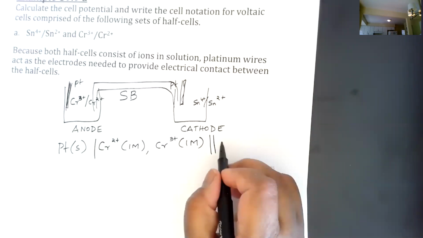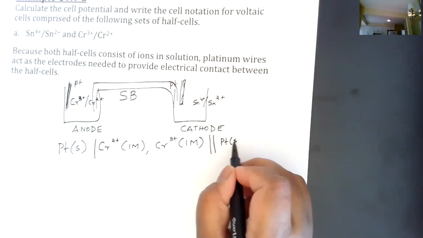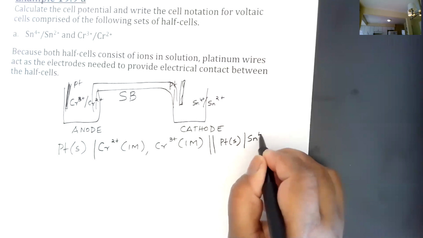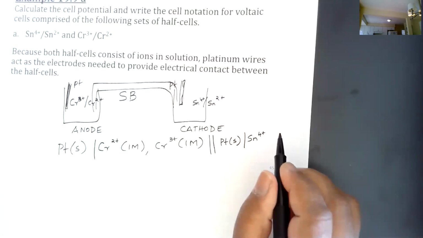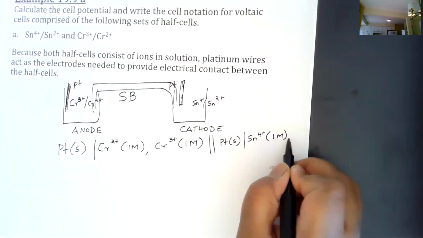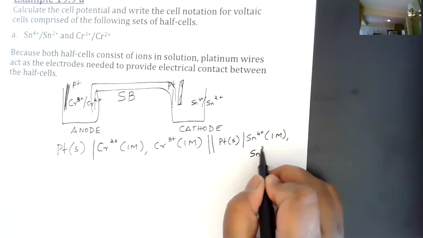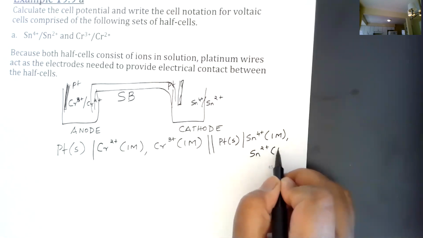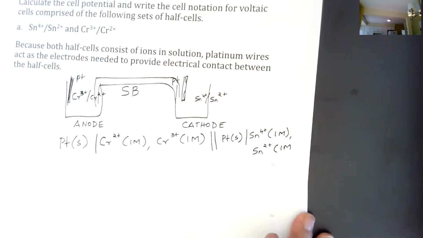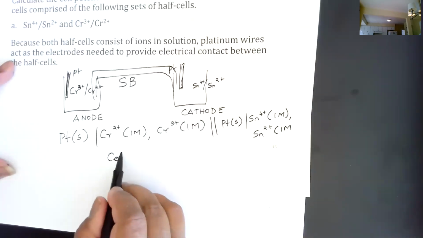And then you have the platinum again. Start with the reactants. Product. Okay, so this is the cell notation.